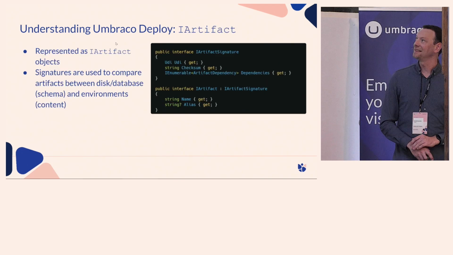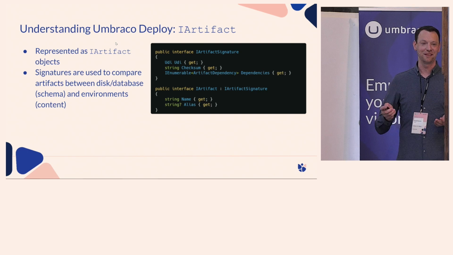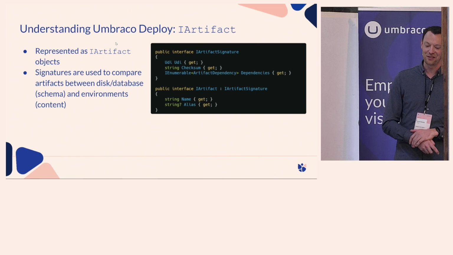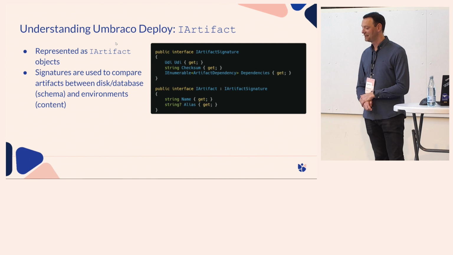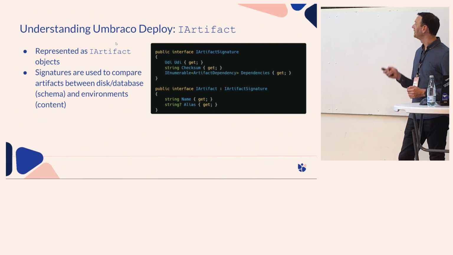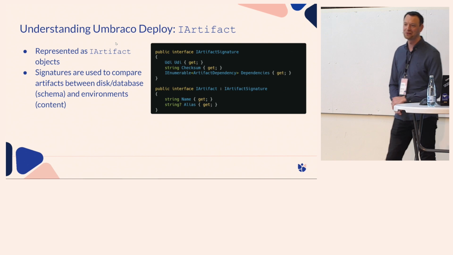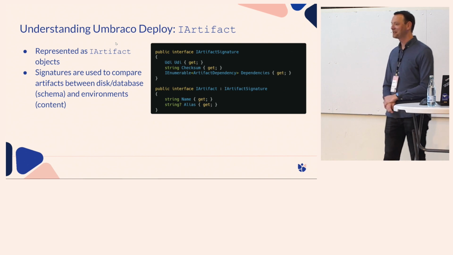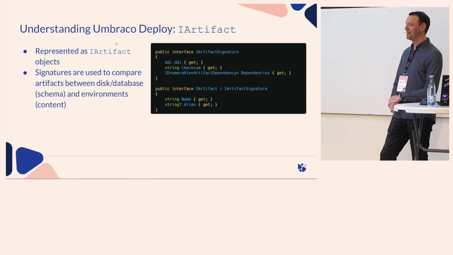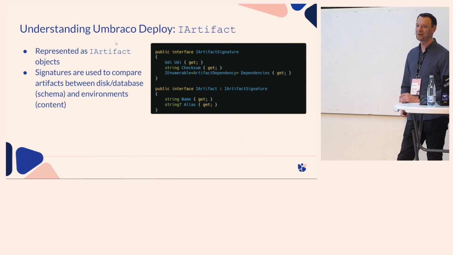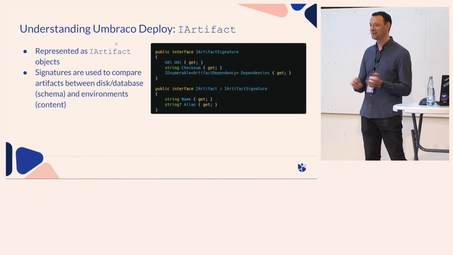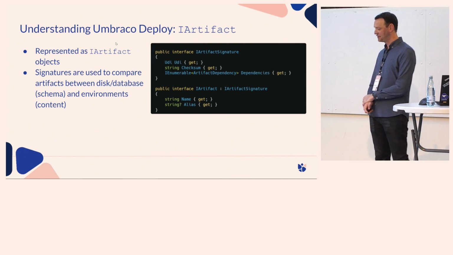The other thing, the JSON document is a representation of the I artifact. And the I artifact has a UDA, that's a unique document, or an Umbraco document identifier. And it contains entity type and a unique part, and that can either be a GUID or a string value identifying both the entity type and the entity itself.